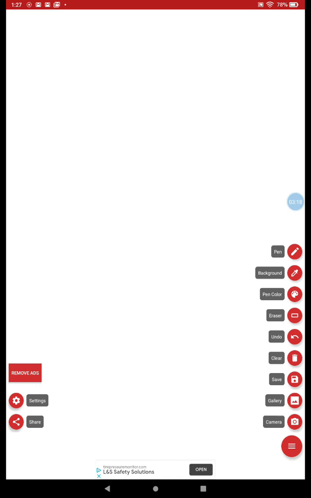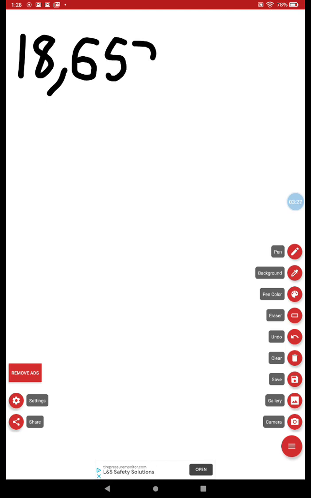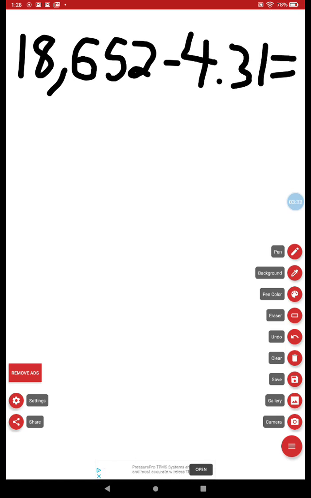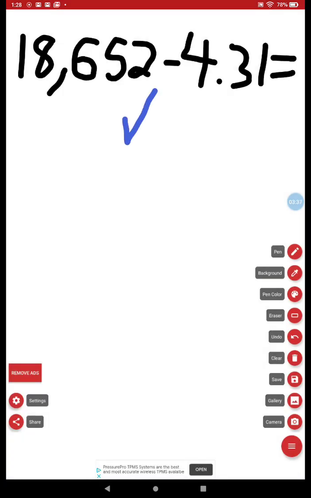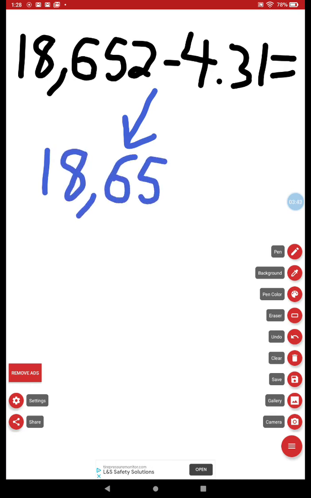Let's say that you have 18,652 subtract 4 and 31 hundredths. All right, guys, just like we said before, I'm going to rewrite it. So I put 18,652.